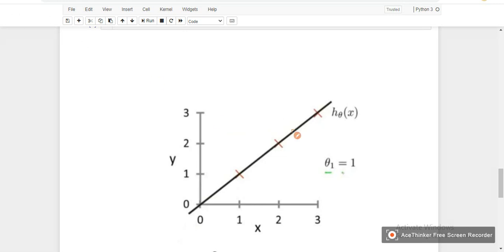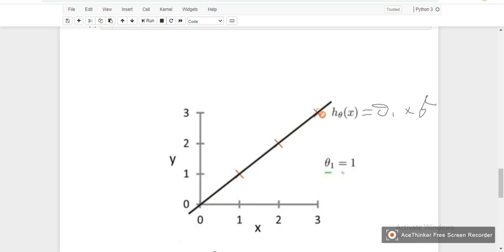So let us consider a simpler hypothesis for better understanding. H theta of x equals theta 1 into x, and initialize theta 1 as 1, and these are the data points here.